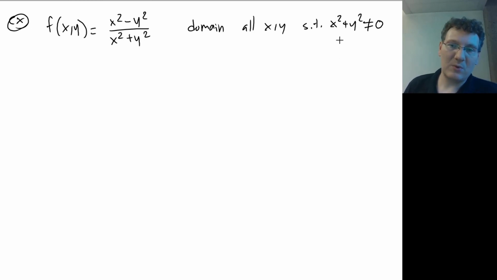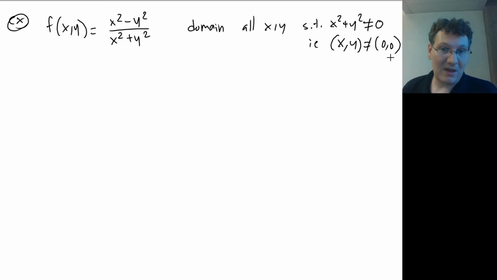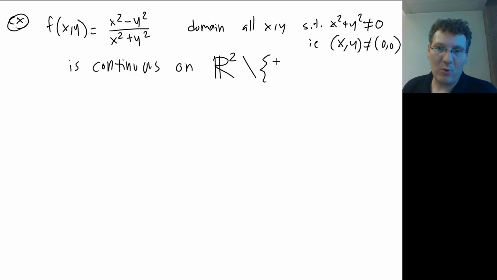In other words, the only way that x squared plus y squared could be equal to 0 is if x, y is the point 0, 0. So it's continuous everywhere in its domain, and the domain is all of R2 except for the point 0, 0.